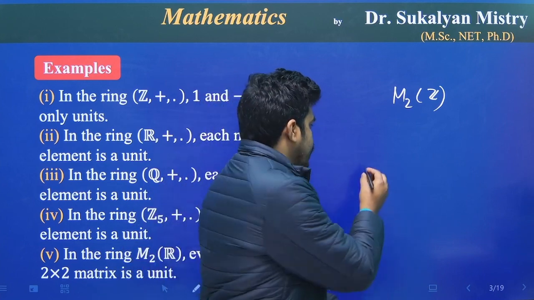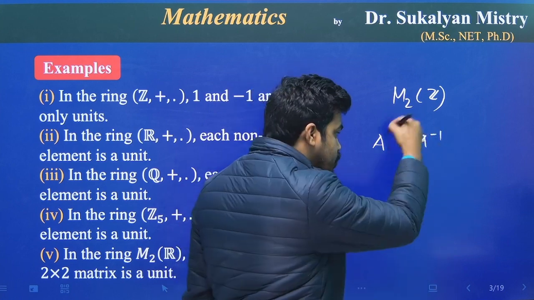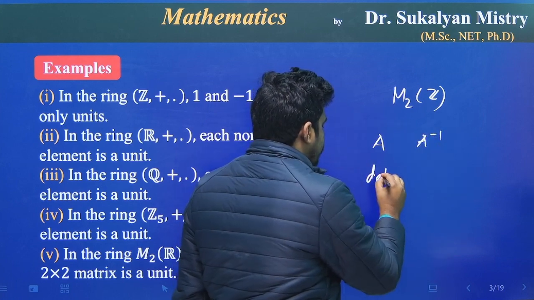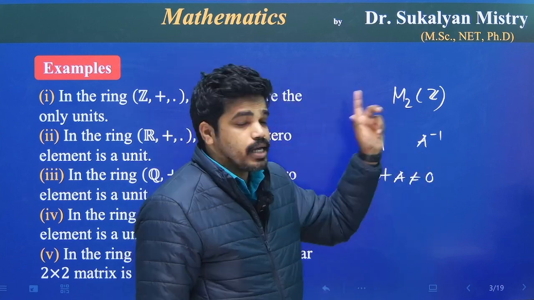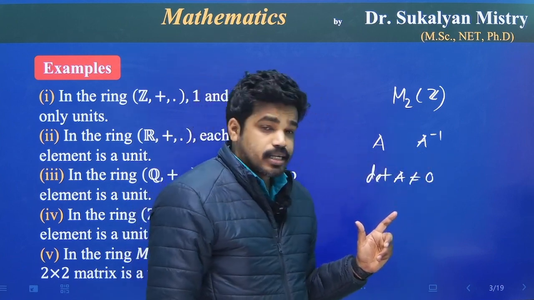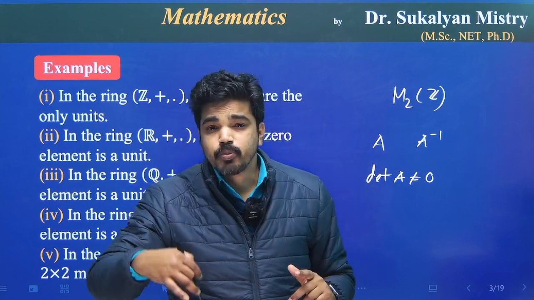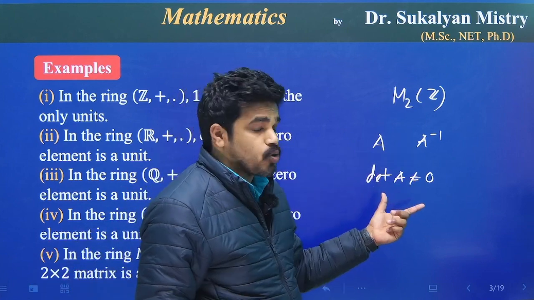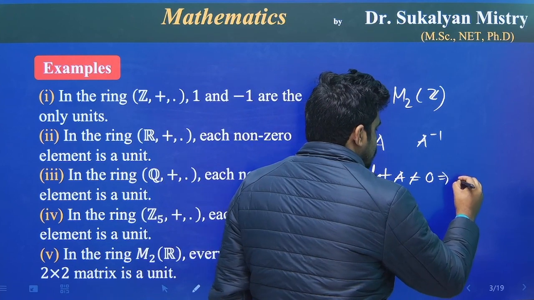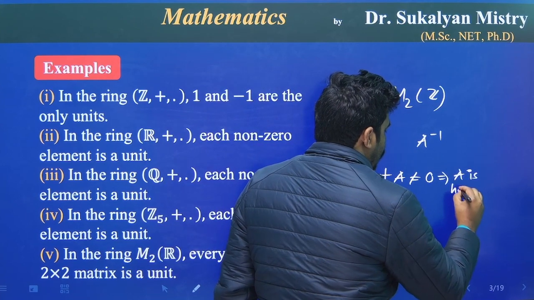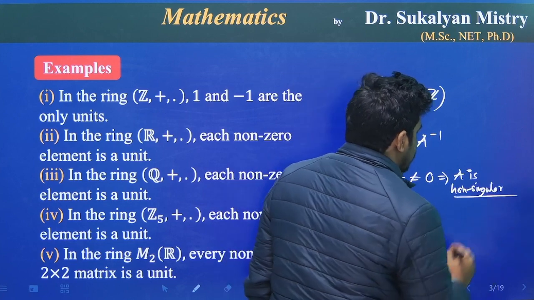A matrix A is invertible if A inverse exists, and A inverse exists if determinant A is not equal to 0. A matrix A is said to be invertible if determinant A is not equal to 0, that means A is non-singular.